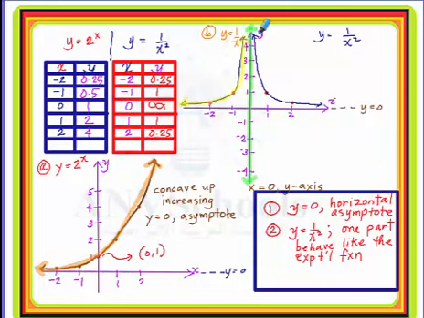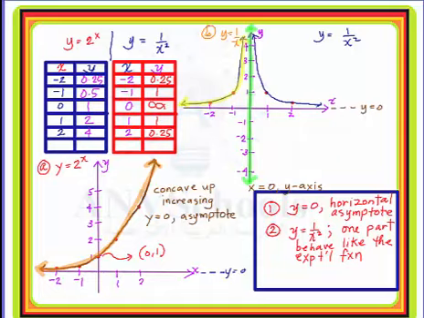Okay, and that's another difference, because in this exponential function we only have one graph, and in here we have a pair of graphs. These two curves are restricted from touching the x-axis and the y-axis.